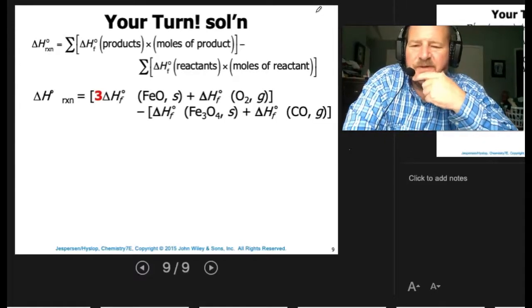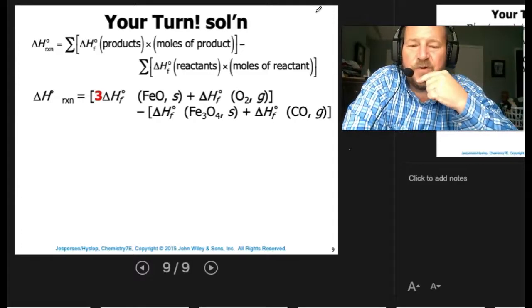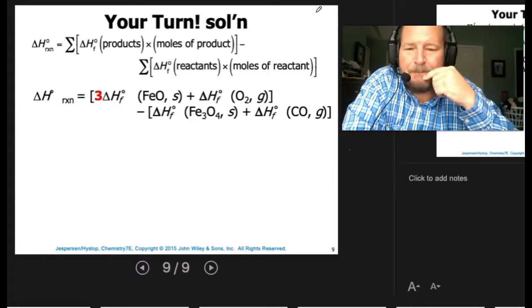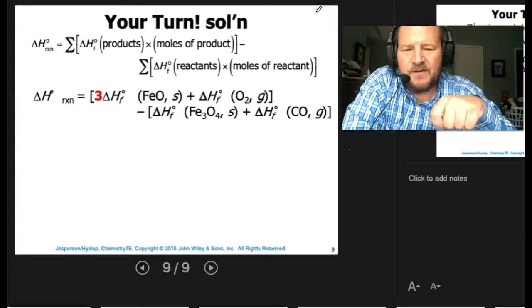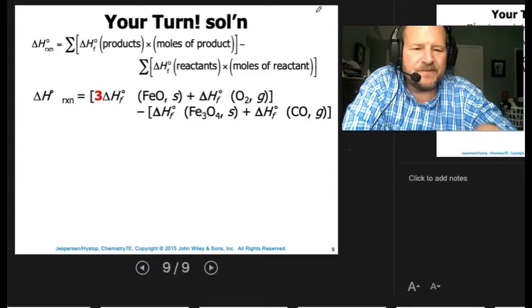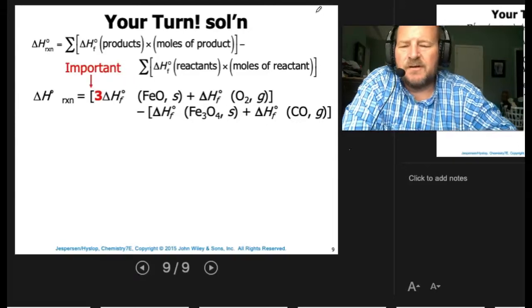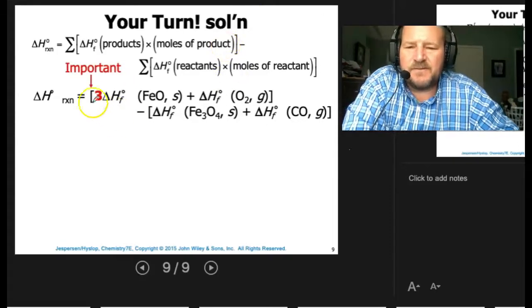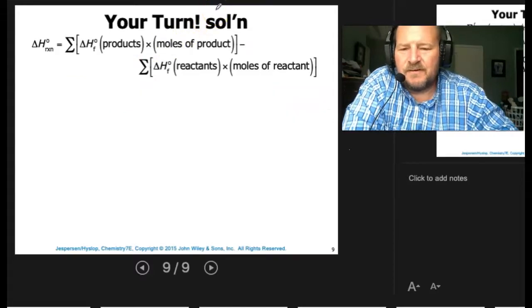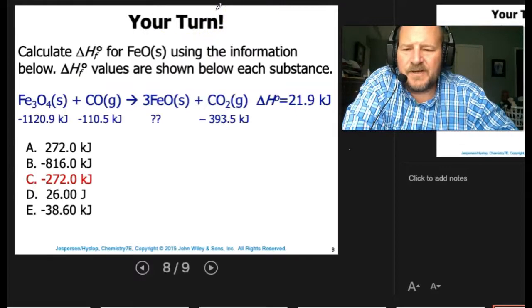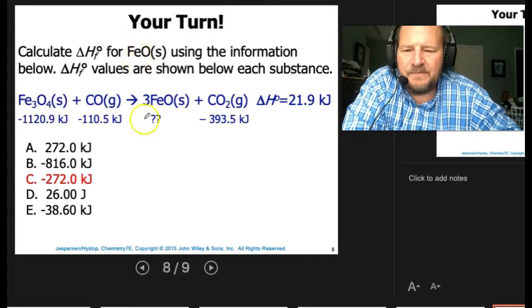Delta H of reaction then will be 3 times the FeO that we're looking for, plus delta H of formation of O2, which we know is 0, minus delta H of formation of the Fe3O4, plus the delta H of formation for the CO. All right. It's important that we don't forget that 3 is there. Back here, where'd that 3 come from? There it is, right there. We're going to make 3 of them.